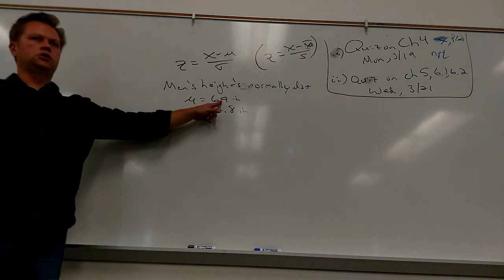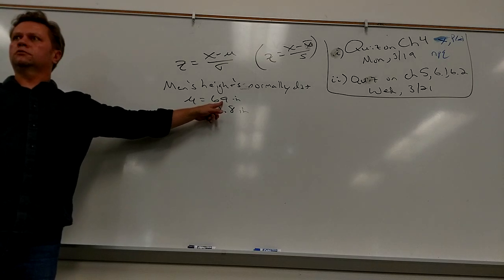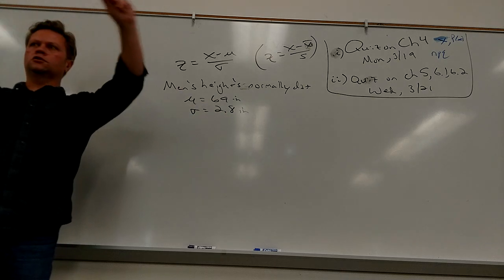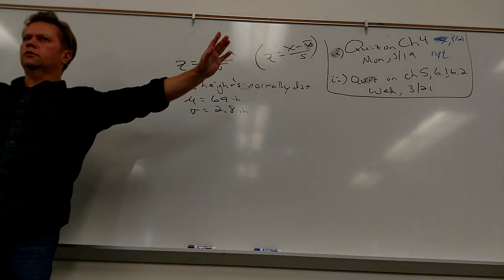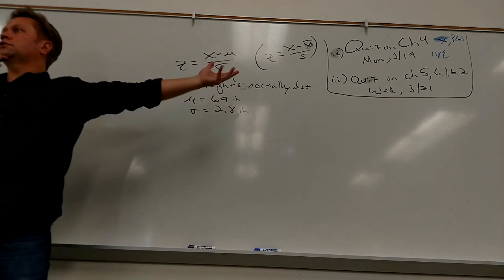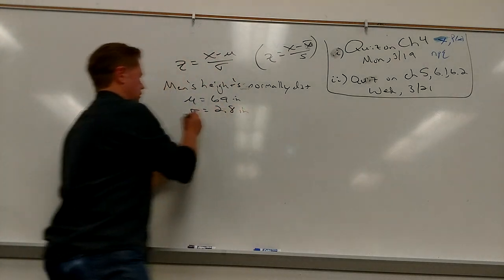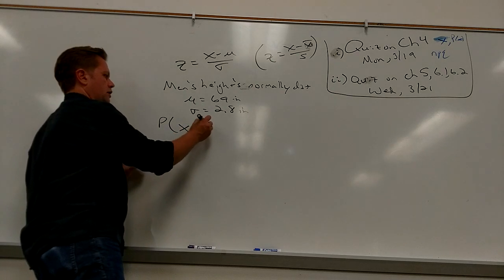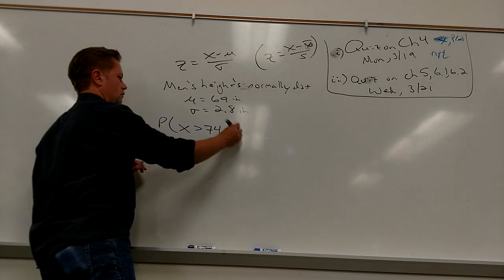The average American guy is 5'9" tall, and the standard deviation is 2.8 inches away from that. We know they're normally distributed. They're close enough to normal. What's the probability that if I pick some guy, he's going to be taller than 74 inches?